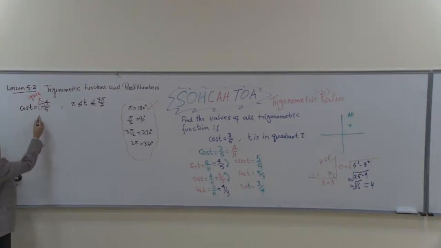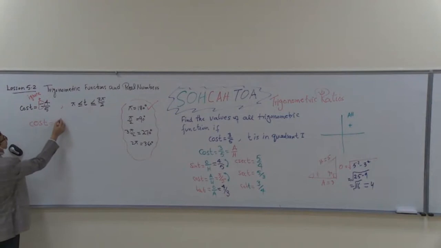So we have here 4 over 5. Cosine of t is equal to 4 over 5. For the time being, I am ignoring this sign.